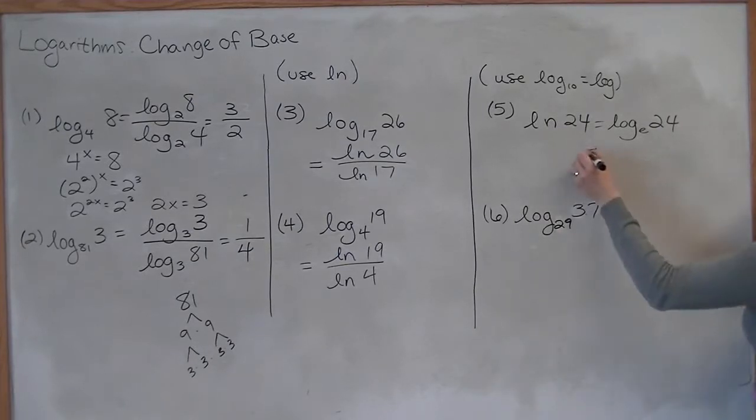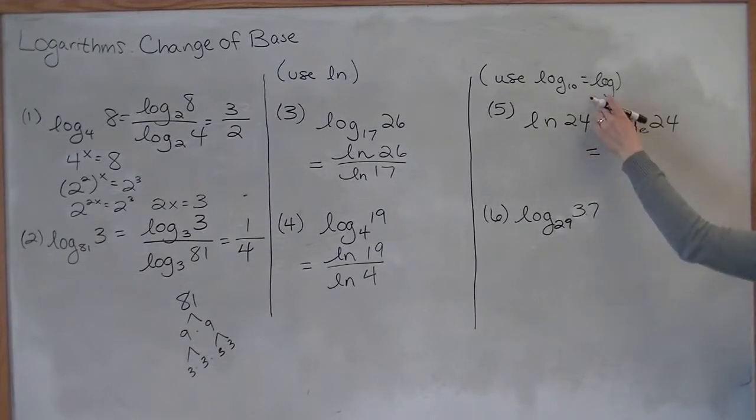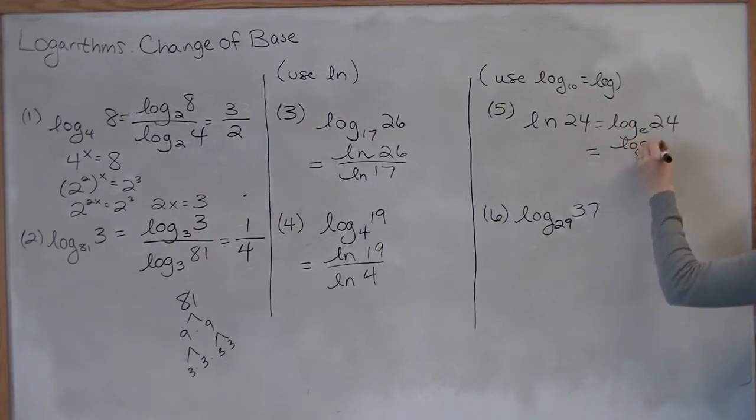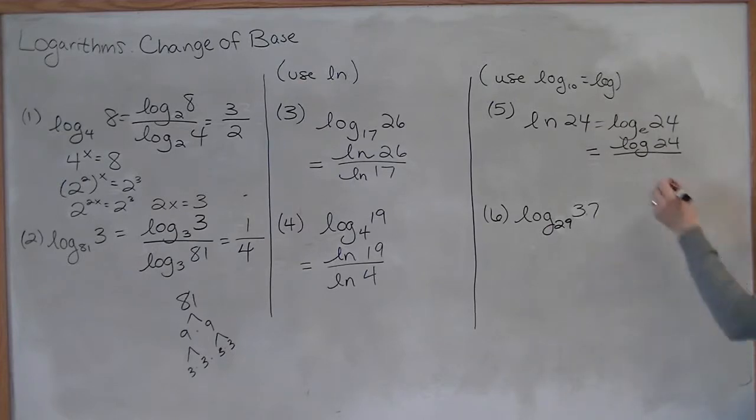So, when I use the change of base formula, I can take log base 10 of 24, which I can just write as log of 24, over log base 10 of e. So that would be my change of base formula in this case. So just remember, if you see an ln, you always assume that the base is e.